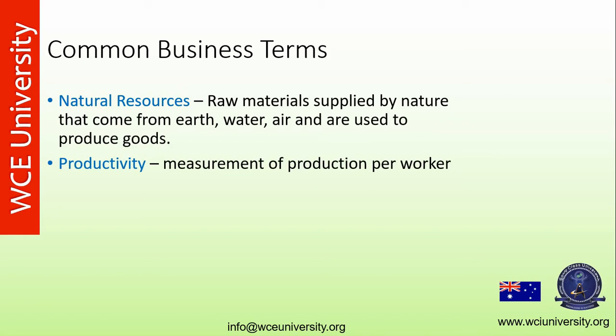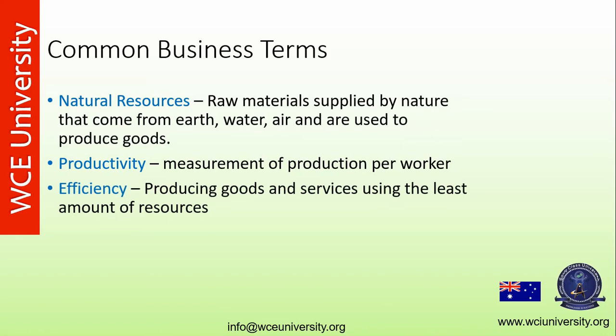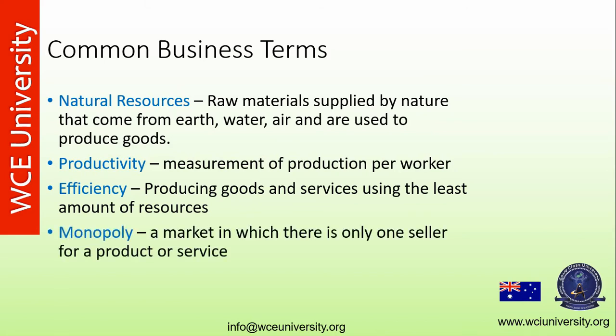Productivity. Measurement of production per worker. Efficiency. Producing goods and services using the least amount of resources. Monopoly. A market in which there is only one seller for a product or service.